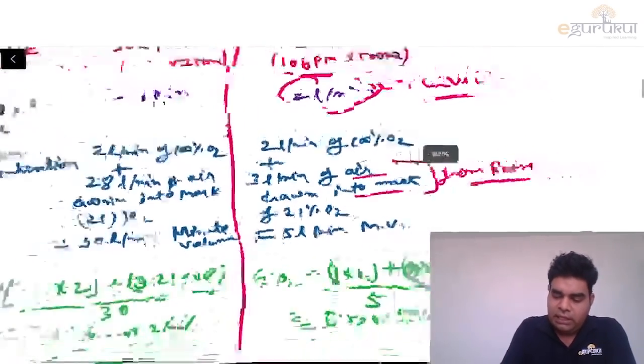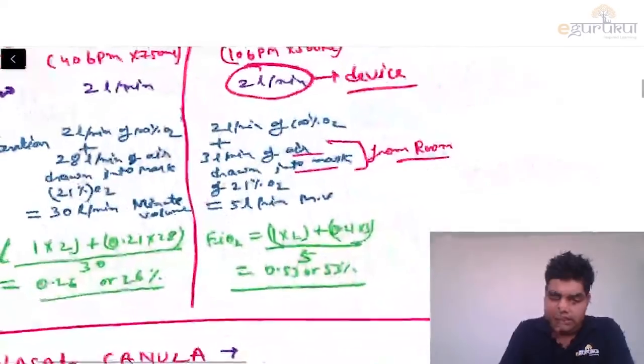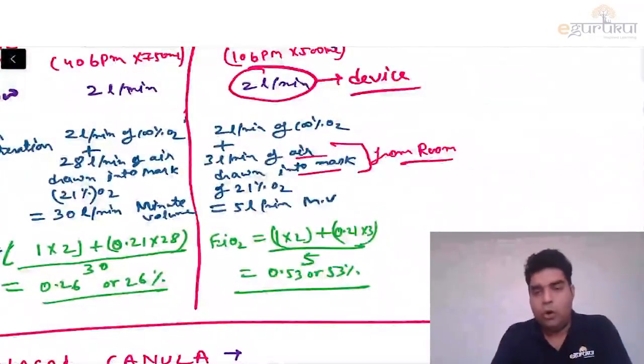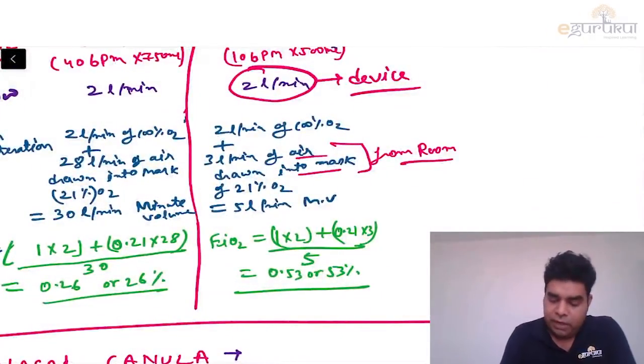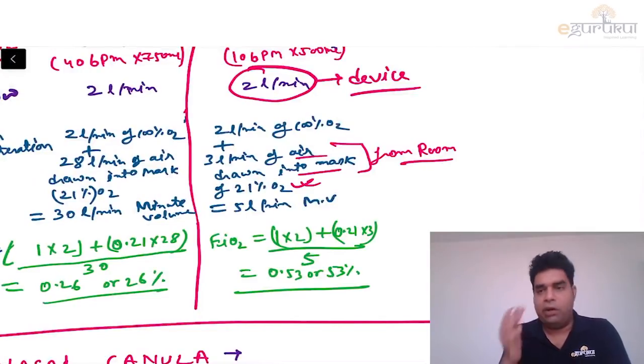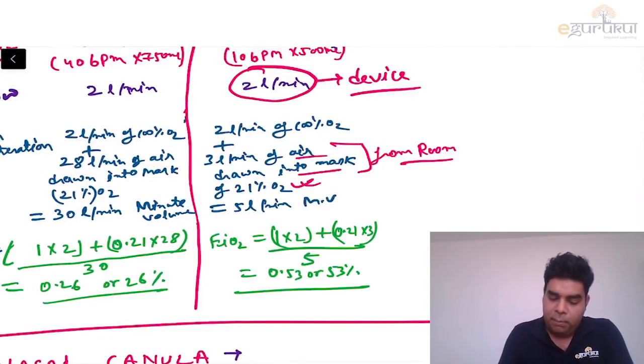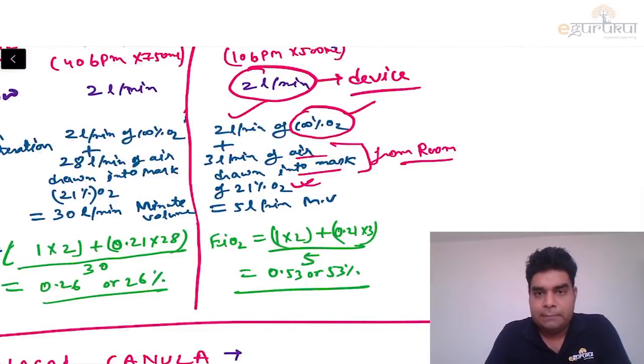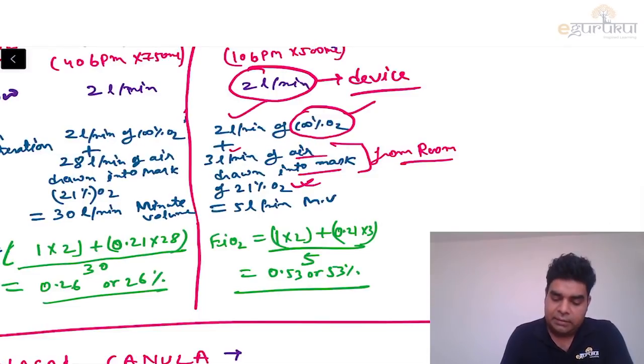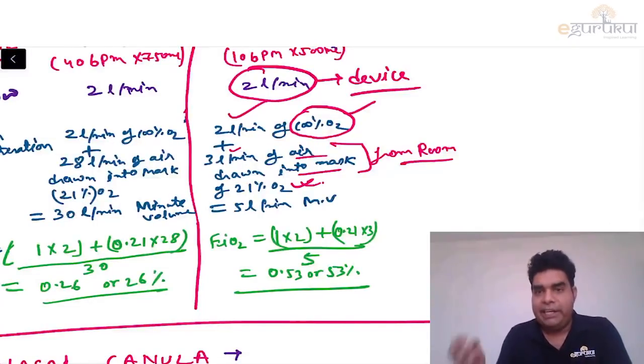So in this case, if there is no respiratory distress, we all know that the oxygen concentration in room air is 21%, and from the device we are taking 100% oxygen. So 2 liters of this 100% oxygen and 3 liters of this 21% oxygen which is coming from the room.